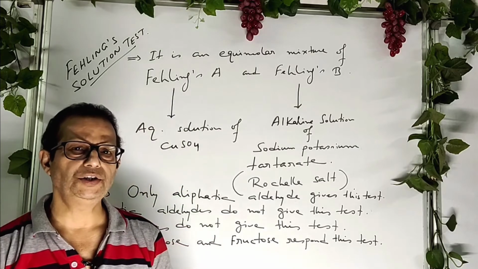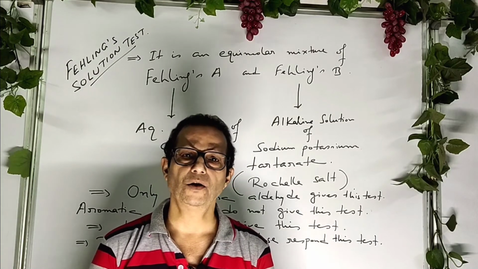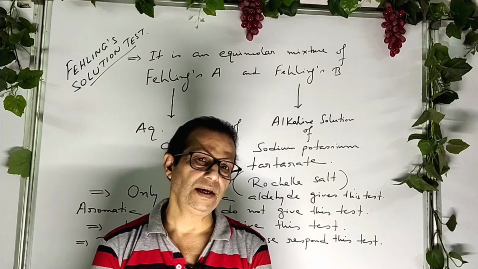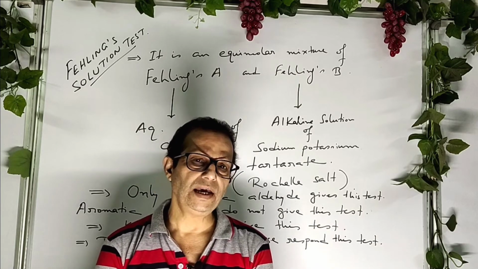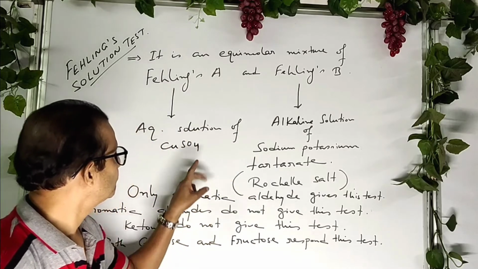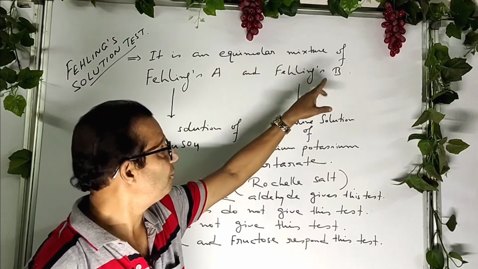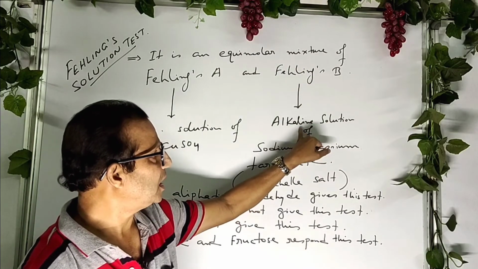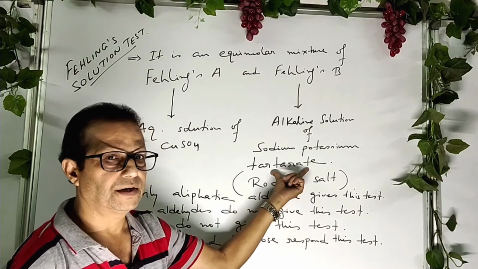Actually, Fehling solution is a mixture of two solutions containing Fehling's A and Fehling's B. Fehling's A is aqueous solution of copper sulfate, and Fehling's B, this is the entrance question, okay? Fehling's B is alkaline solution of sodium potassium tartarate.